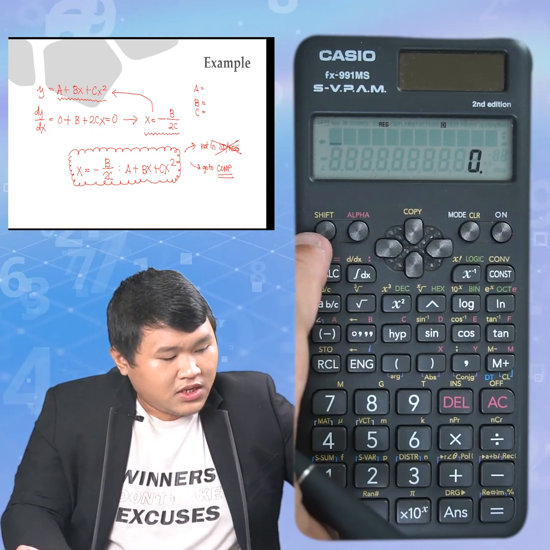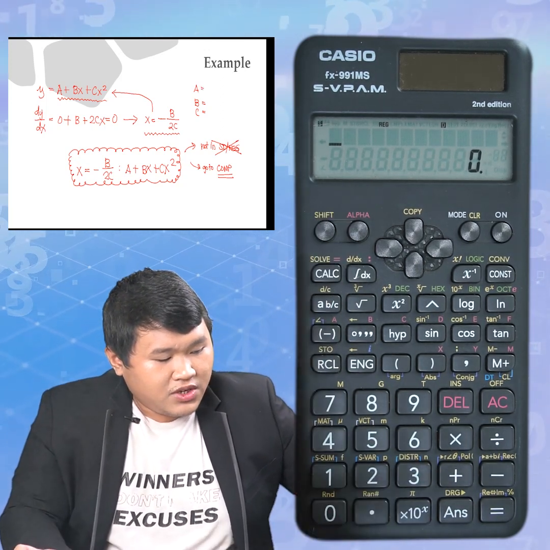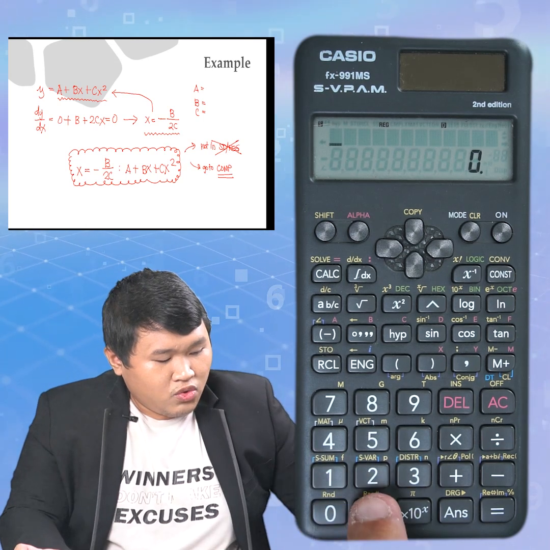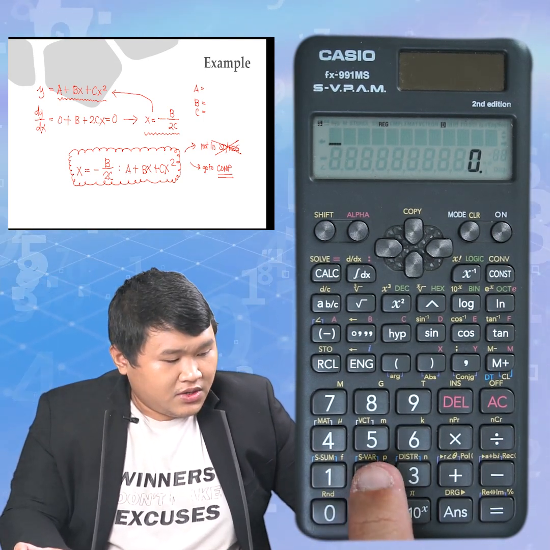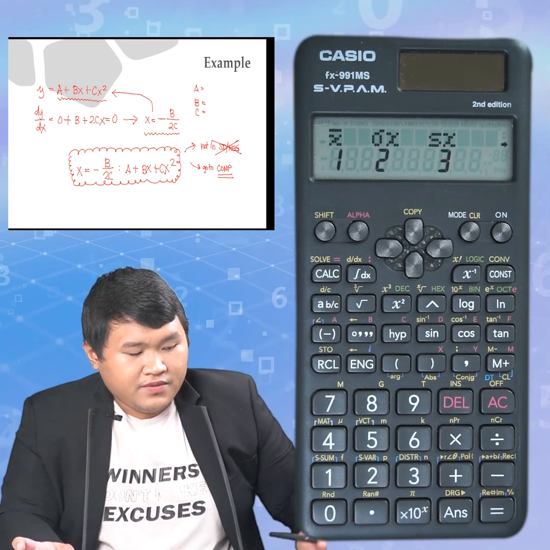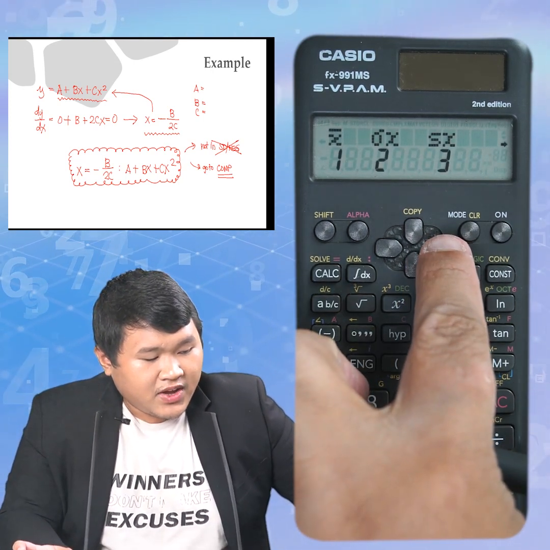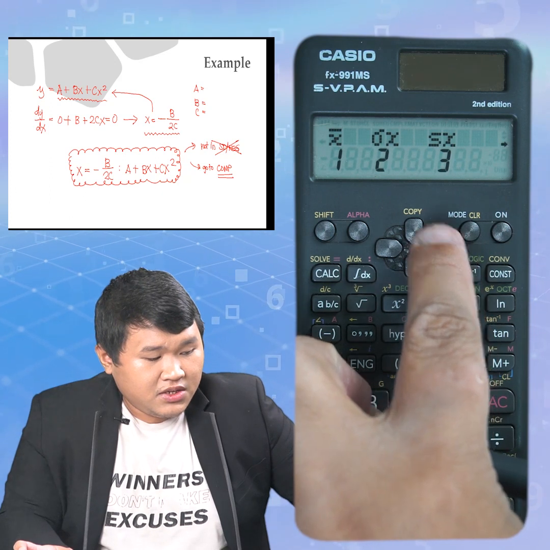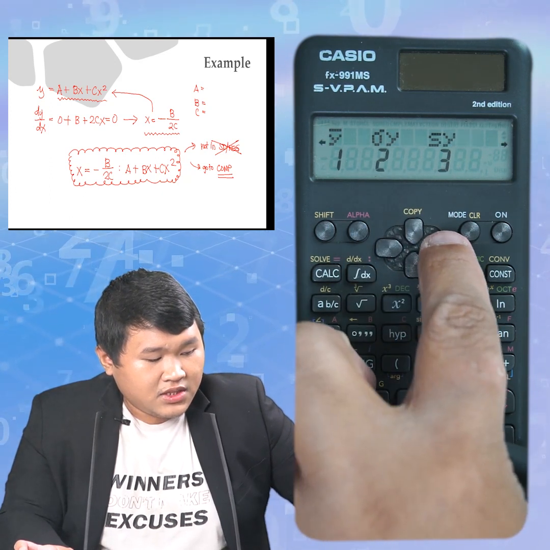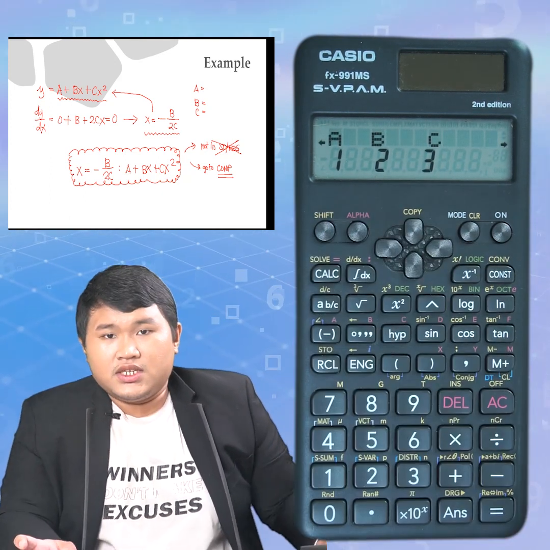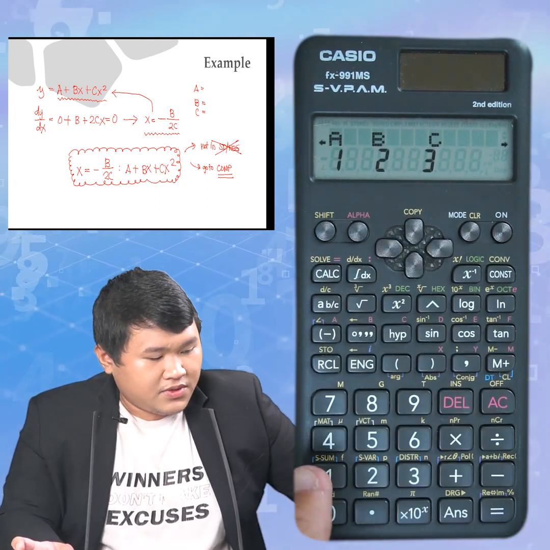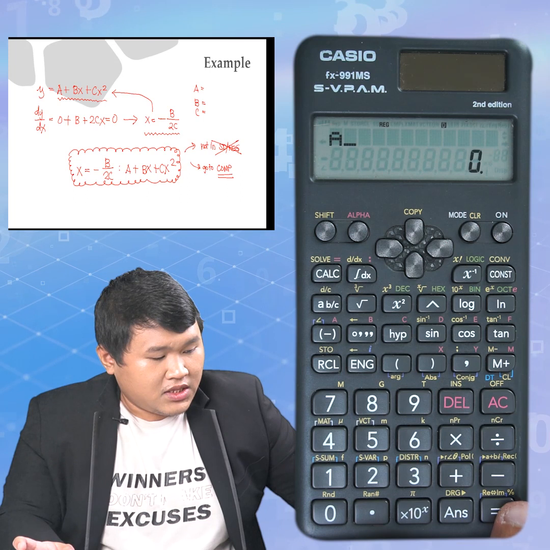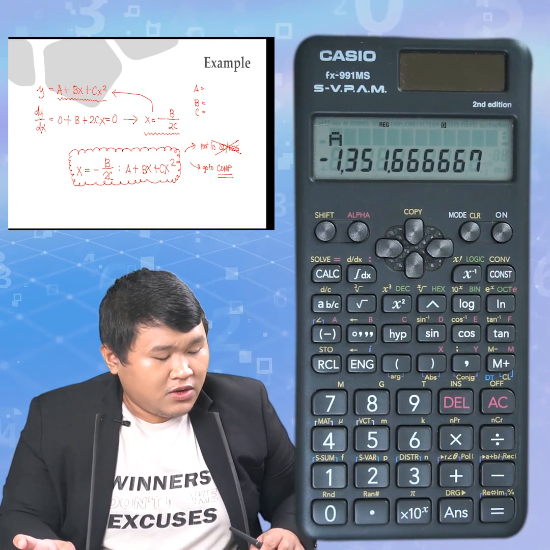To do that, let's press shift and then 2, the S-VAR key, and then let's find A, B, and C by pressing left and right. You will see A, B, and C right here. Let's start with A. Press A, and then equals. That's the value of A.